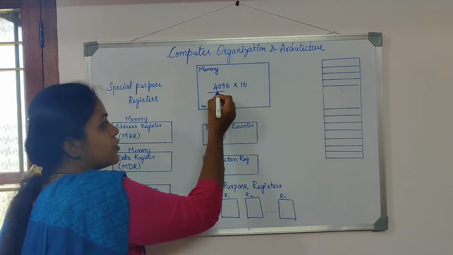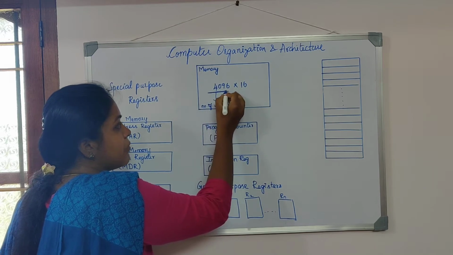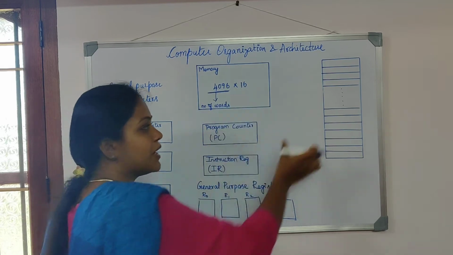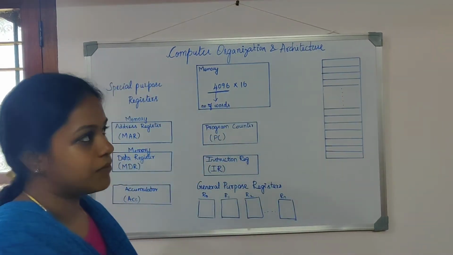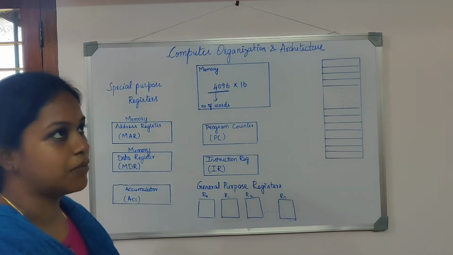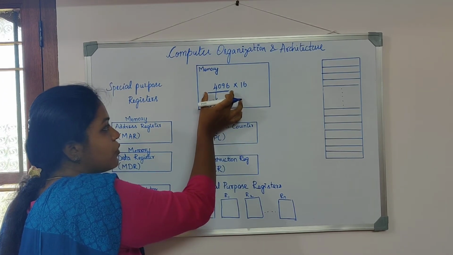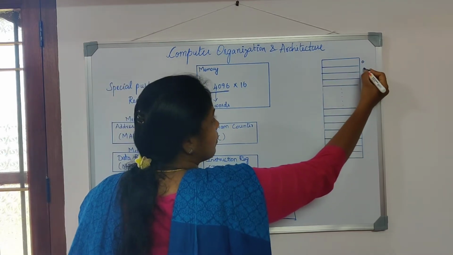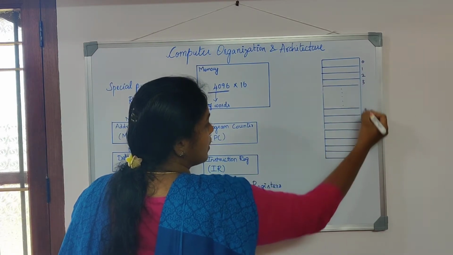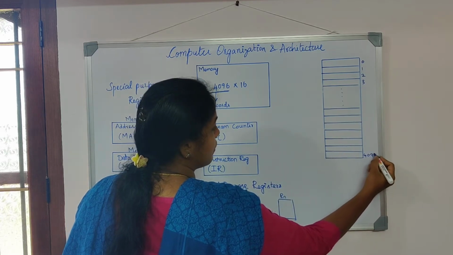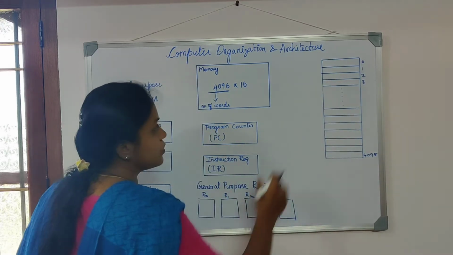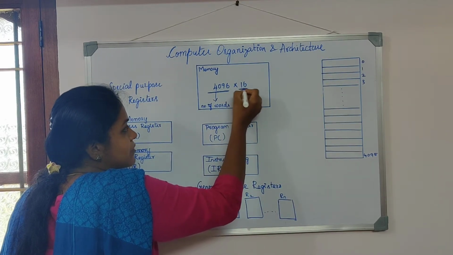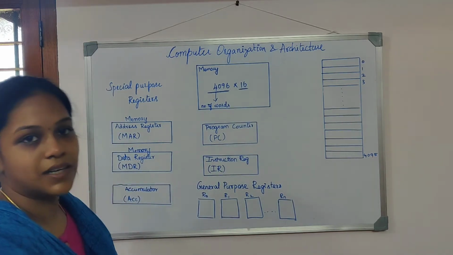So the total number of words in our main memory is 4096, which means consider main memory as an array of memory locations available. The total number of words is 4096, which is from 0, 1, 2, 3 and goes on to 4095. So this is the total number of word locations that is present. What is the 16? 16 is the size of each word available.